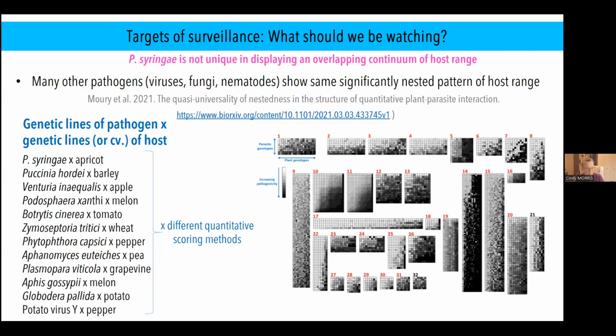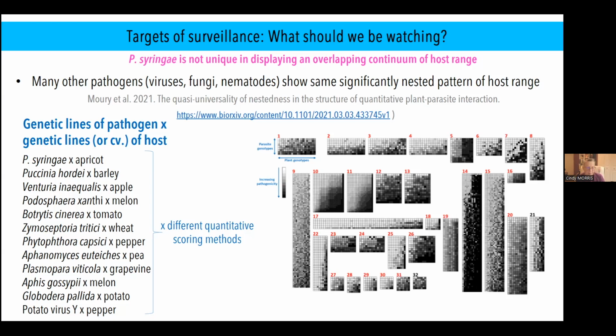So Pseudomonas syringae on apricot, Puccinia hordei on barley, there's a nematode, viruses, other fungi, and we analyzed the host range patterns for these, and it's all the same. They're all nested.